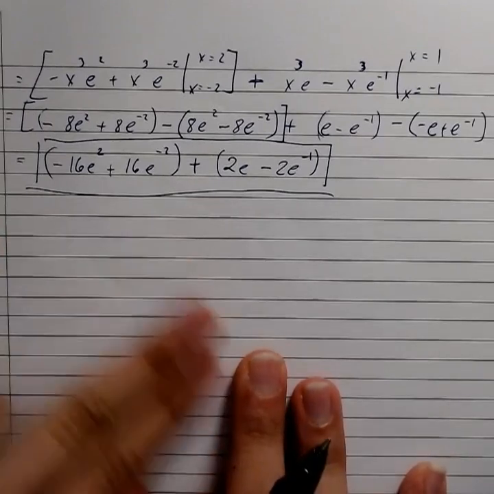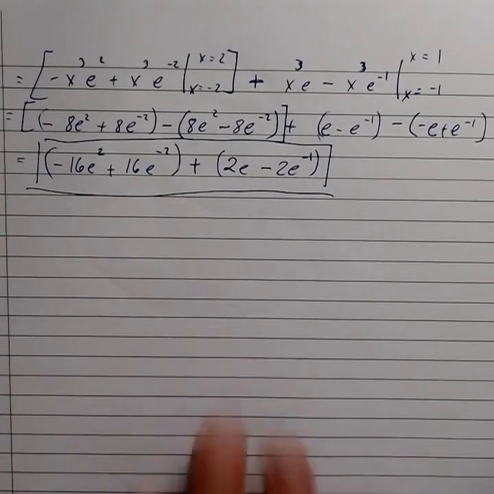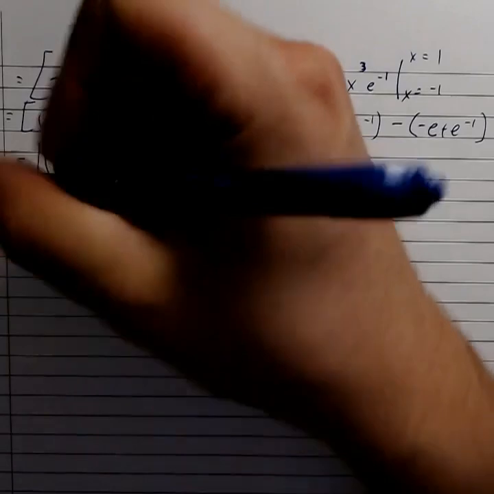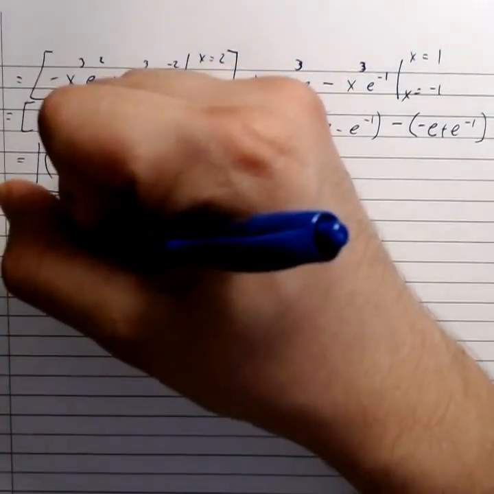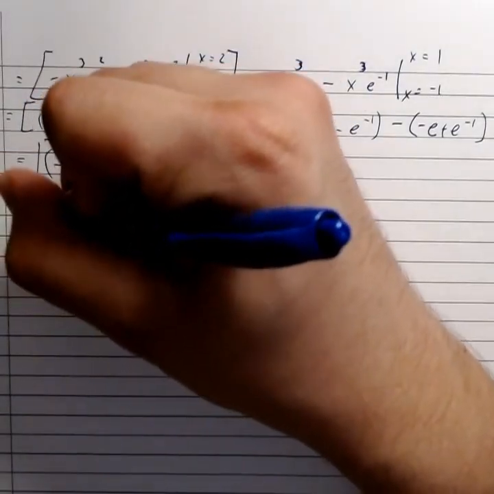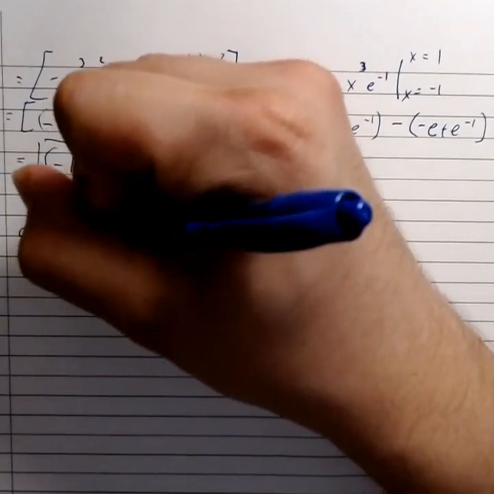However, here we're going to see something that suggests what will happen. So consider the fact that we've been looking only at vector fields in 2 dimensions.